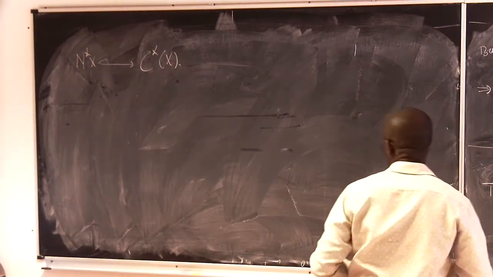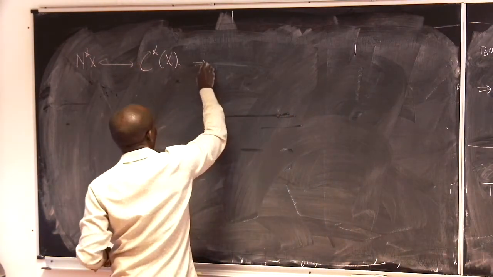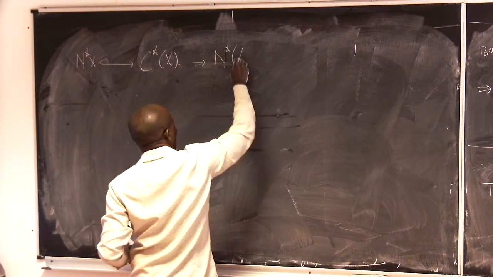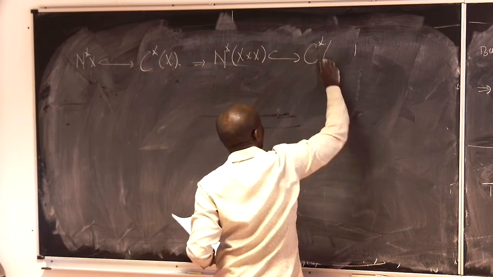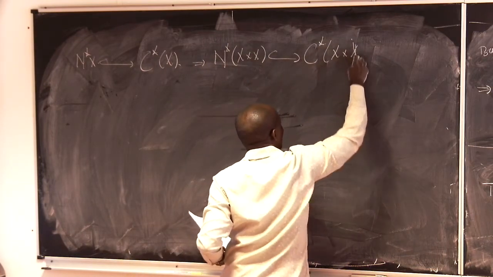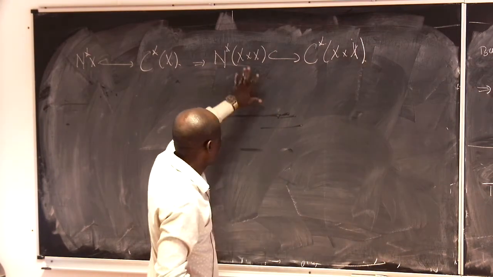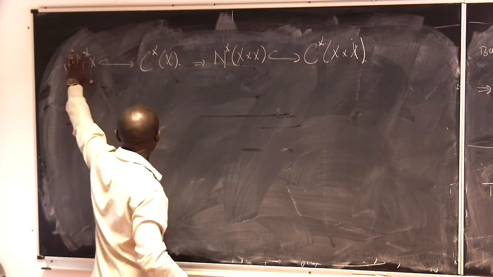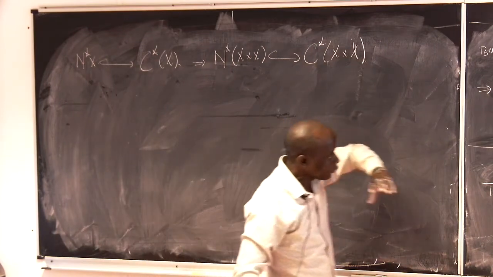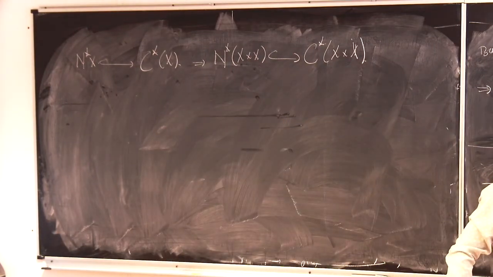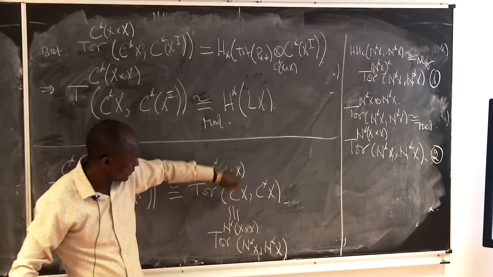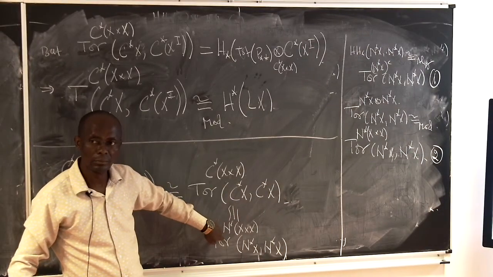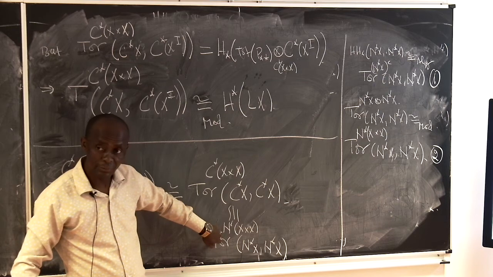So with this, it means that of this cross product is quasi-isomorphic to this cross product. We have here the quasi-isomorphism. Applying it to one of the propositions that I gave you on the differential torr, we have this relation here, this isomorphism here.